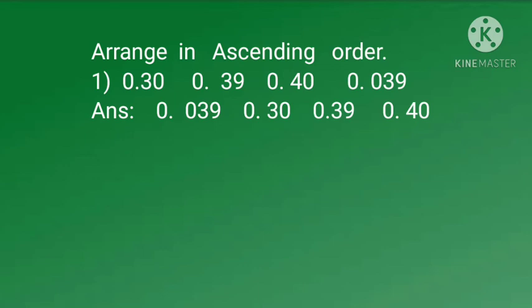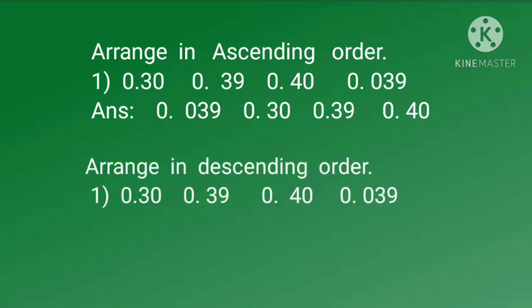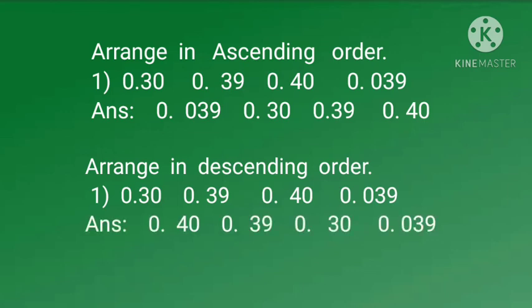Here 0.40 is greater than 0.39, which is greater than 0.30, which is greater than 0.039. Next, descending order. Answer: 0.40, 0.39, 0.30, 0.039.